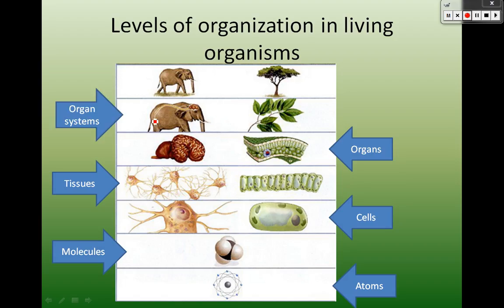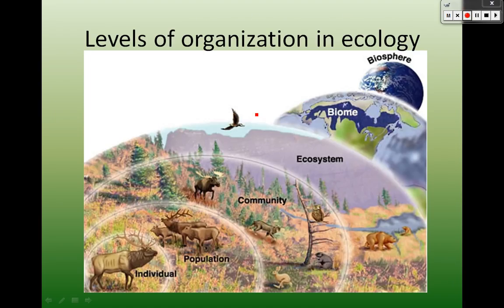For this elephant, this became his brain tissue, and then here's the brain, but that's connected to other parts like the spinal column, that would be the nervous system. The system on a tree is that system of veins and leaves and branches all together, and then those are organized into organisms.